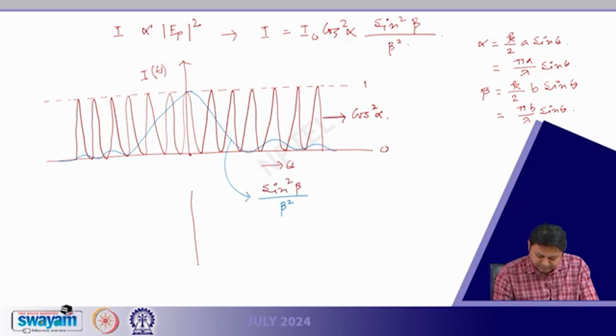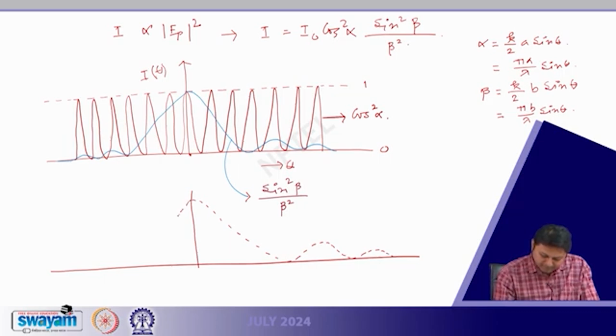The exact or the actual distribution of the intensity will be this. We have an envelope here, and so on.